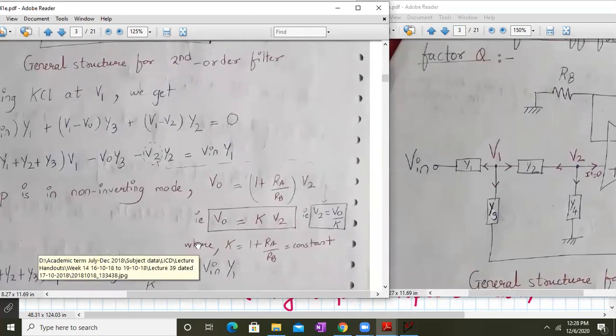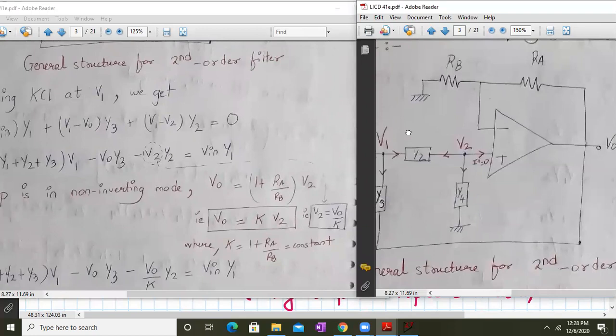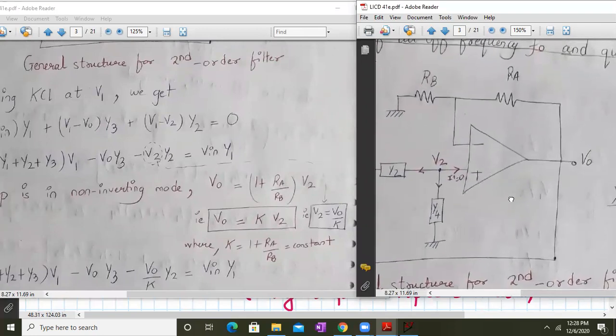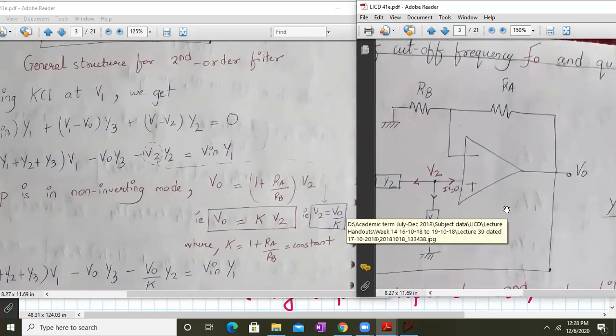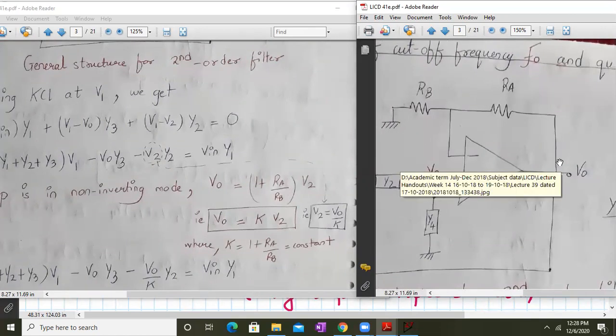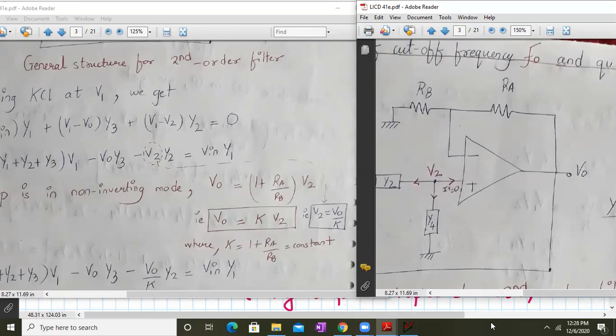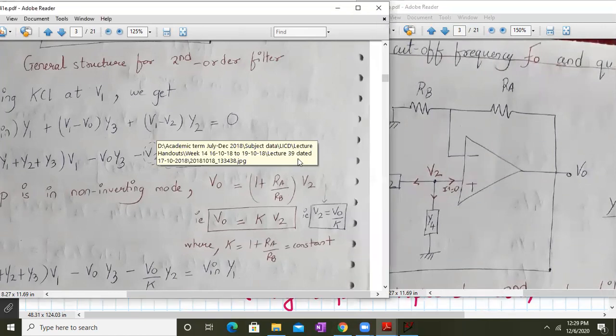And how can we write V2 over here? We know that this Opamp is operating in the non-inverting mode with the input as V2. So the output of the non-inverting amplifier will be Vout equal to (1 plus RA upon RB) into V2, correct? We substitute K for 1 plus RA upon RB.